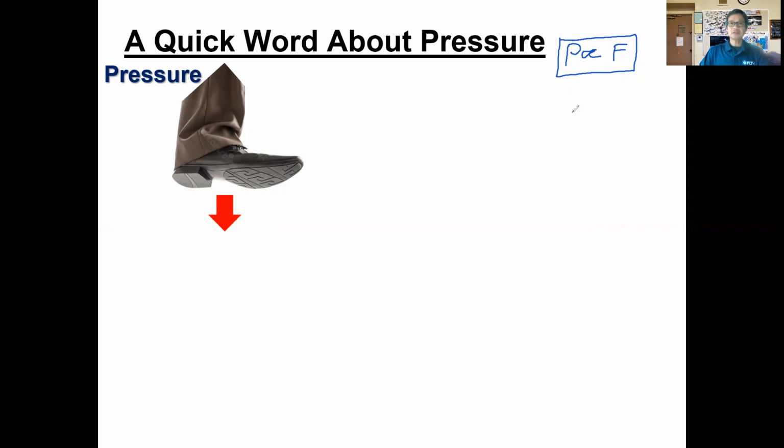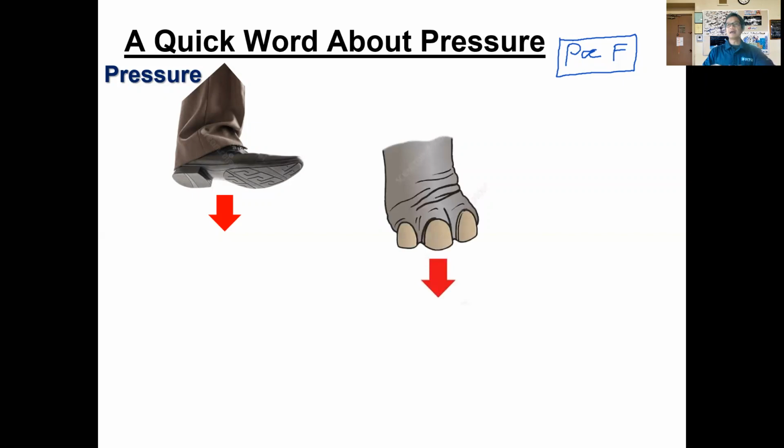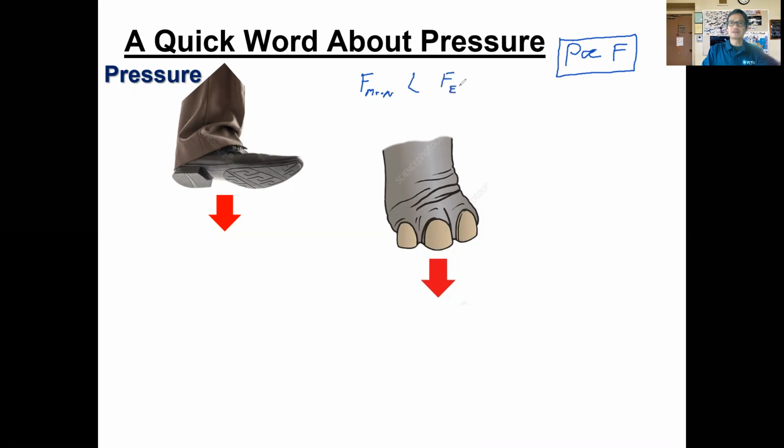We clearly understood that. We can see it because if I had an elephant step on your foot with its full weight, you would feel a greater pressure. In this instance you would feel a greater force, because the force, my weight, is less than the force of the elephant.